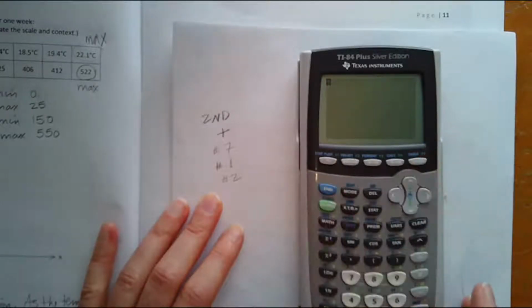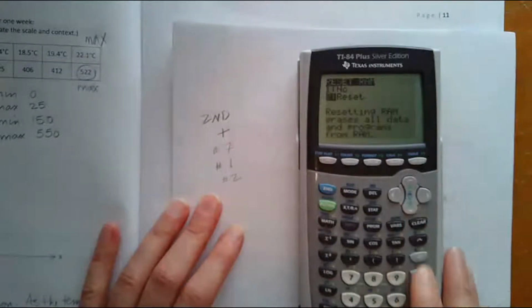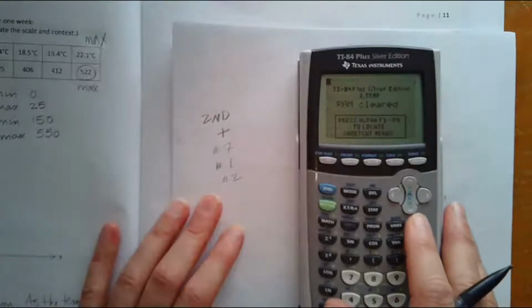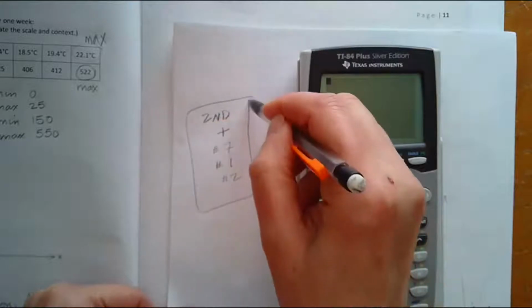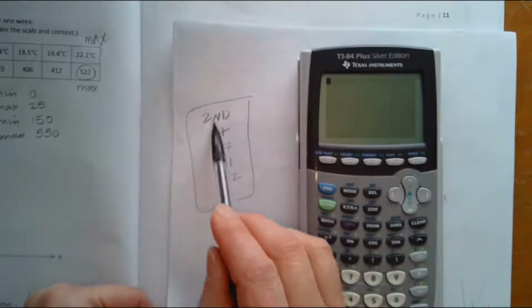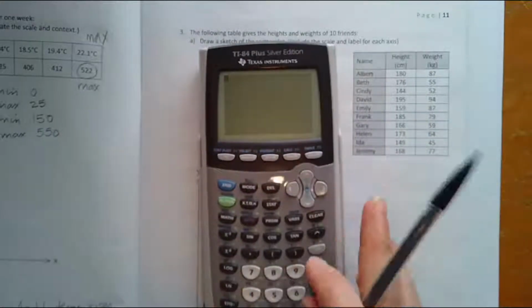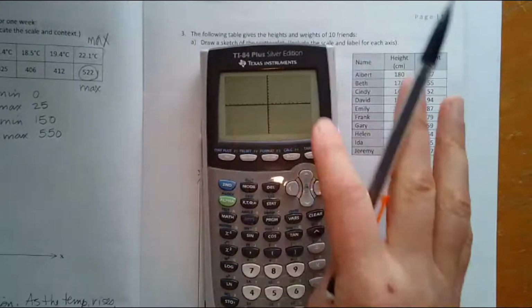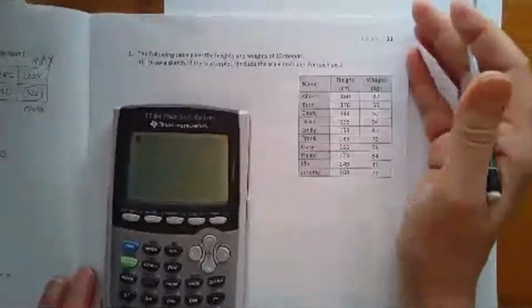Let me do that one more time: number 7, then number 1, then number 2. So it's all cleared. These are your instructions: second plus sign, number 7, number 1, number 2. Everything's cleared, so once again, if I tried to press graph, nothing would show. My calculator's been cleared. Let's try this last one just to get practice on entering data in.